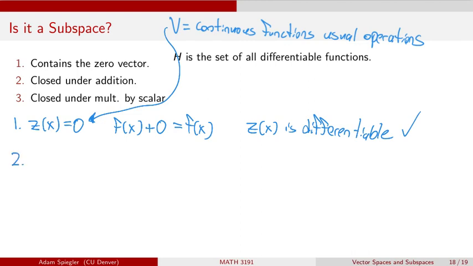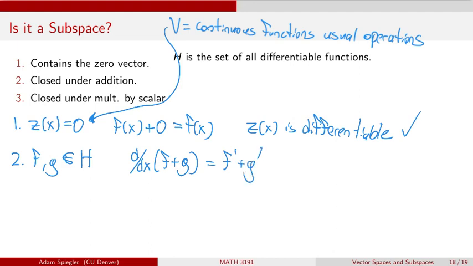Is it closed under addition? So if I have f and g, these are in H. So these are both differentiable functions. Is it true that if I take the sum of these two functions, I can take the derivative of the sum? And we know that this is a really nice property that derivatives have, that we can distribute the derivative through sums.